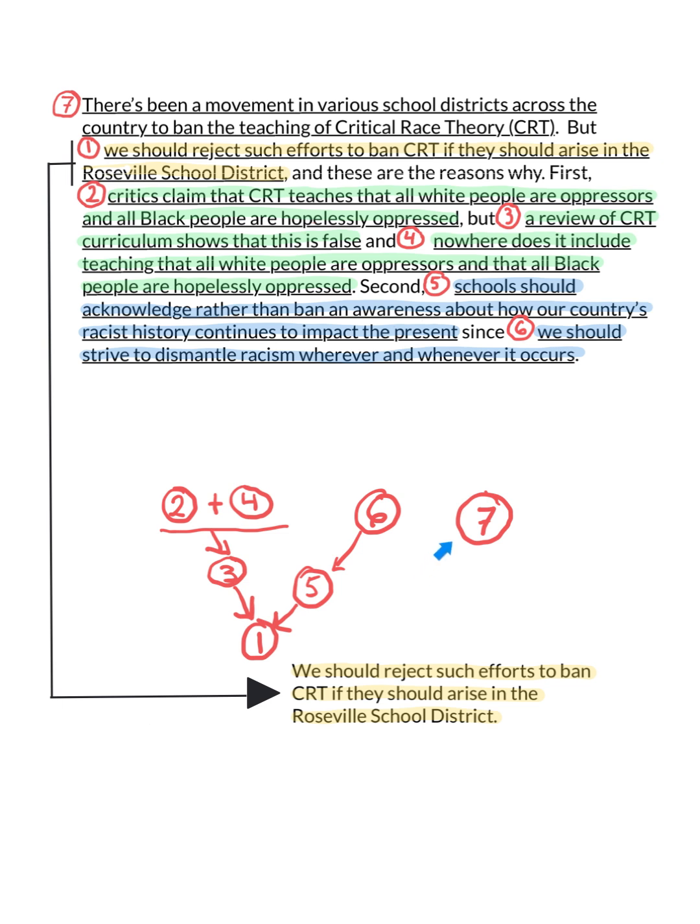It doesn't give us a reason. It's not a reason, it's not an intermediate conclusion. It's just context and only context. So that's why it's positioned off here without any arrows or any connection to any other claims supporting the main conclusion. So we can identify it, and in the diagram, we just have it out here on the side alone without any connection to anything else to indicate that it is just an extra claim.